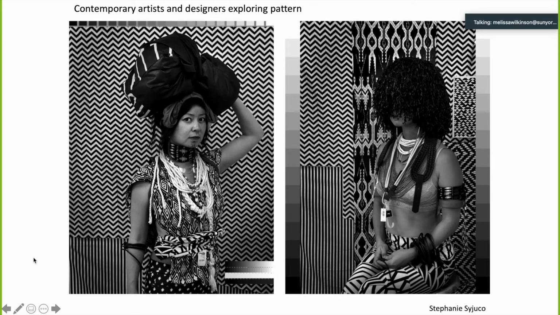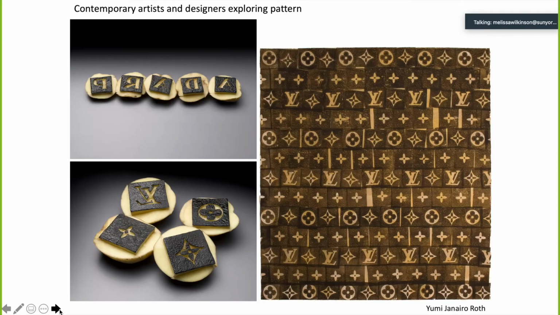She's pulling from patterns that one would find in a store that are actually stealing from indigenous peoples. So they're very tongue-in-cheek. Yumo Gennaro Roth pulls from the classic Louis Vuitton pattern that we see on purses, which Louis Vuitton is really well known for, but plays with and challenges the notion of high brand.